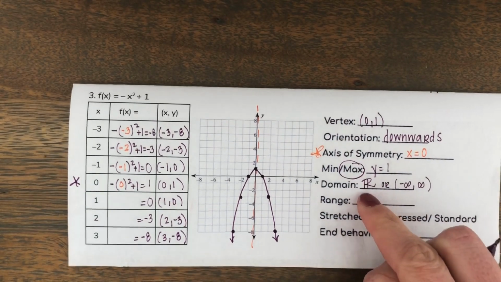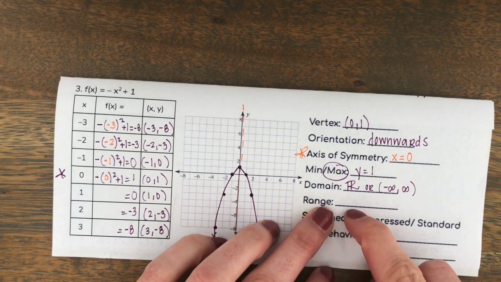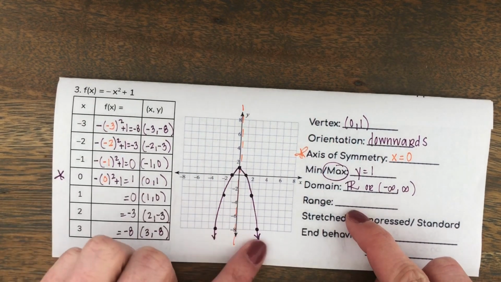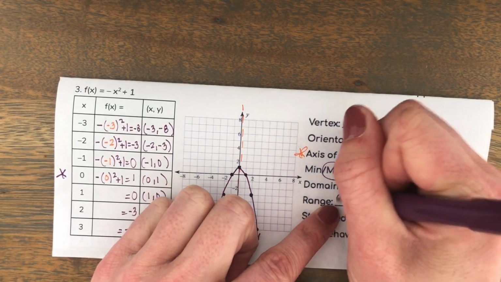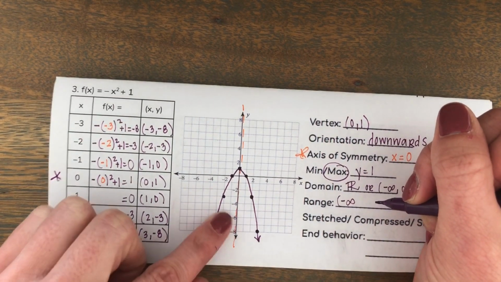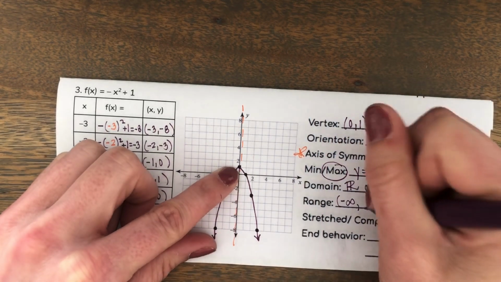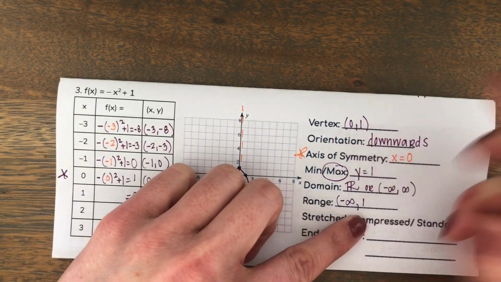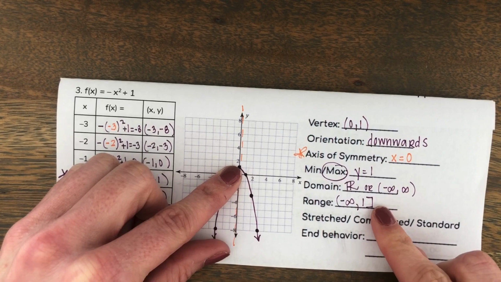I like this way, less writing. And range, so it's from top to bottom. The very bottom of my graph, I have no idea where it is because it extends forever. So I know that's going to be -infinity because it's going downwards. And then the highest my graph goes is +1, which is always your y value of your vertex. And that's going to be a hard bracket because that's an exact value.